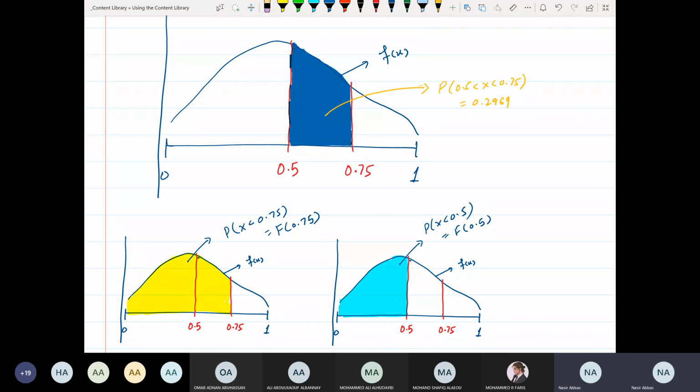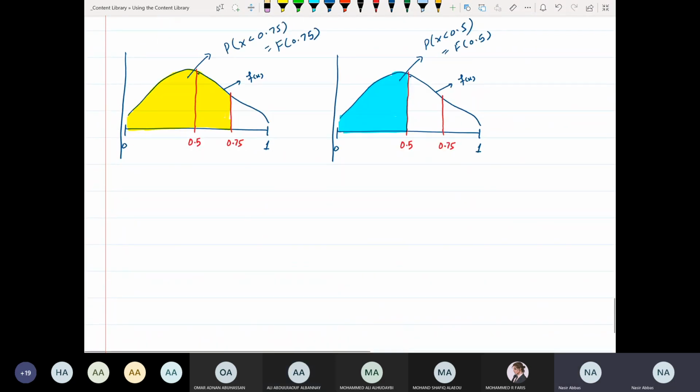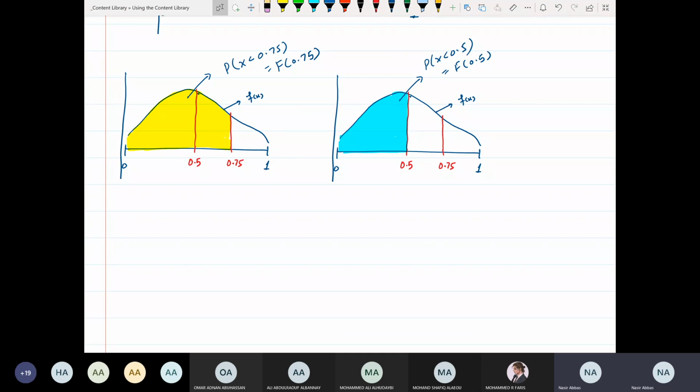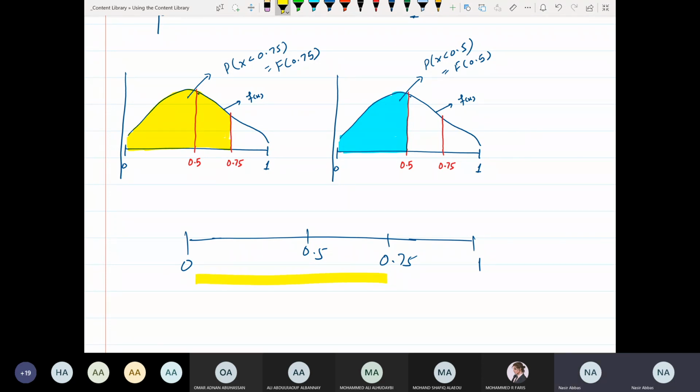How can you get it? You subtract from the yellow the light blue. You subtract light blue from the yellow one. So if you subtract the light blue from the yellow one, the remaining part will be in between. Or I can say in simple words, you have 0.5 here, you have 0.75 here. The yellow one is less than or equal to 0.75.